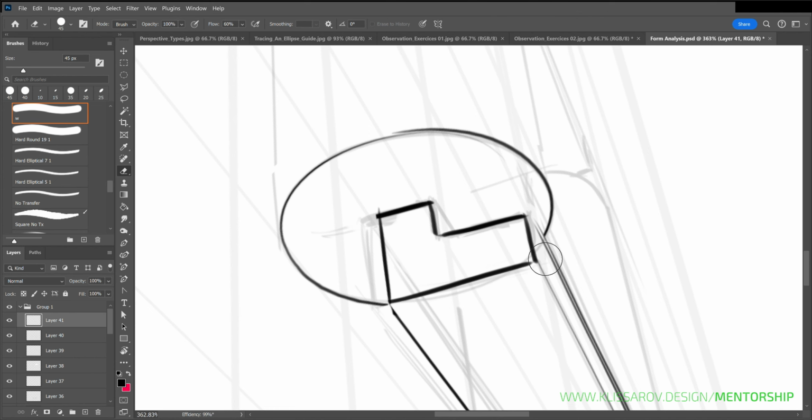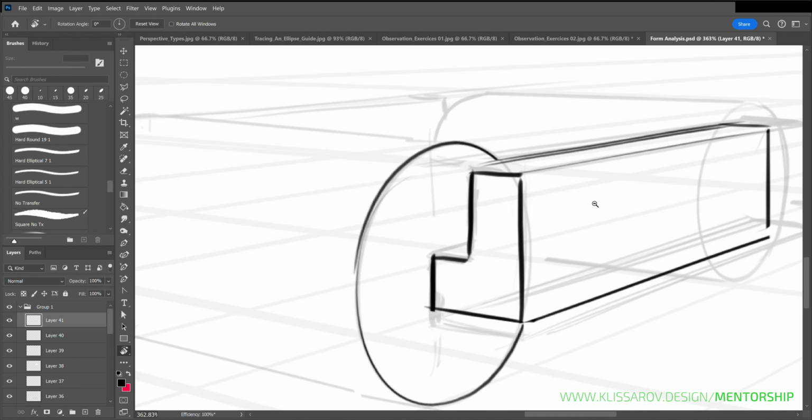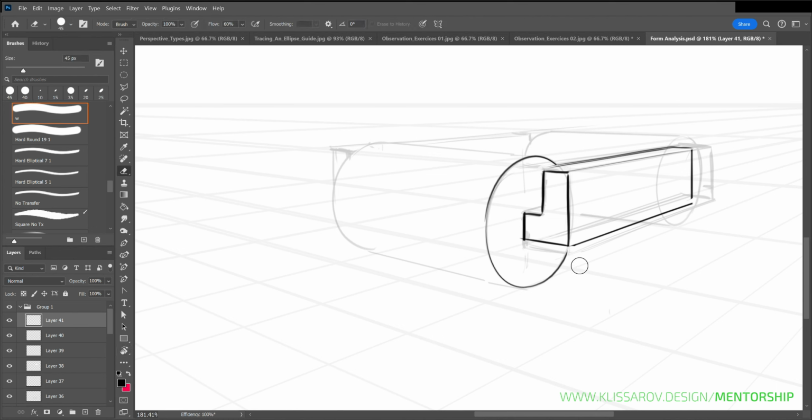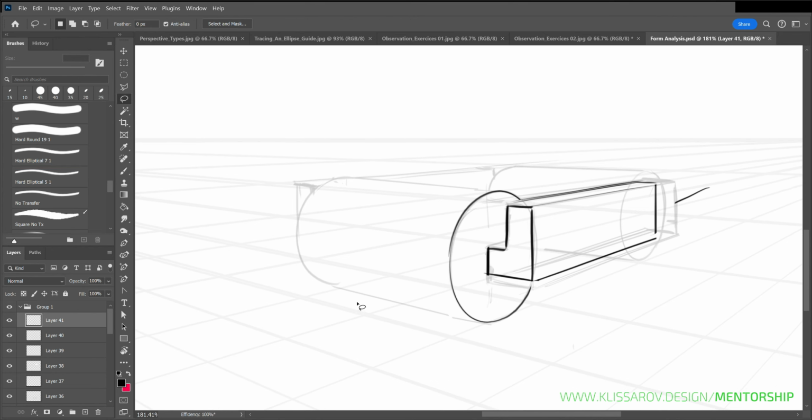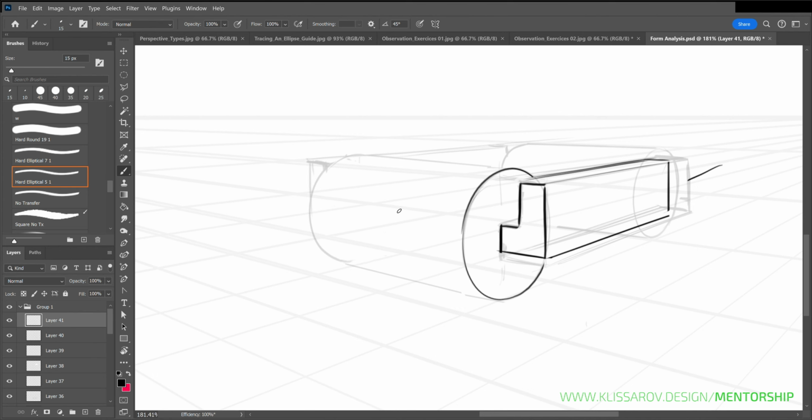This one's going to be erased anyway, so it doesn't really matter. So we have this one here, okay, and now what I want to do is take this ellipse and move it this way because I feel that it's squashed, it's going too far. As I have reduced from here, I want to reduce it from here as well a little bit. To do that, I simply redraw the same shape a little bit closer.